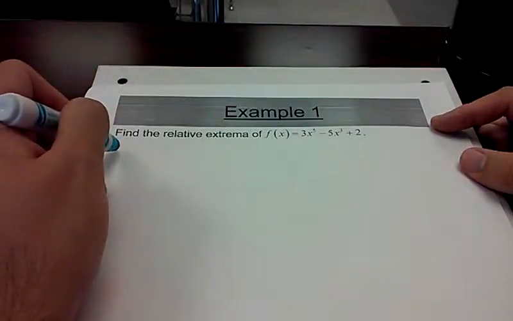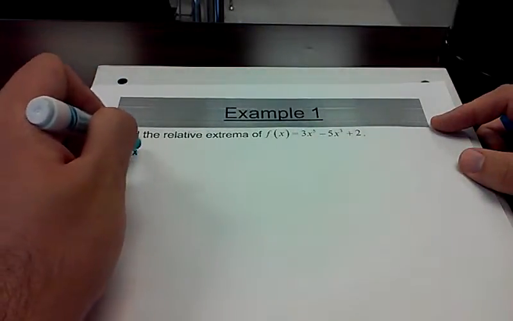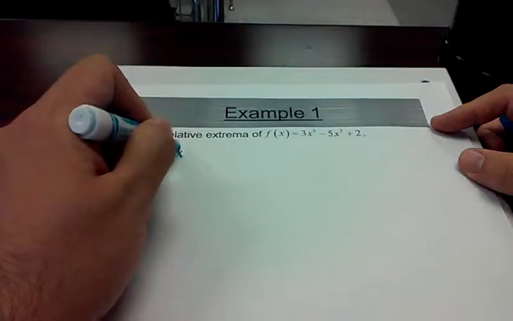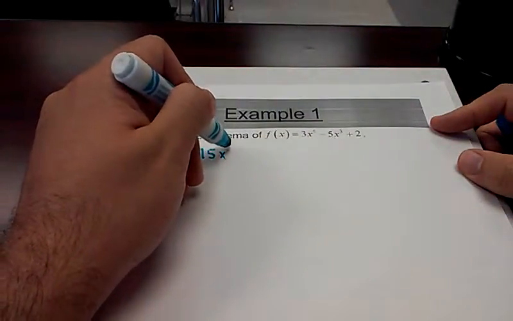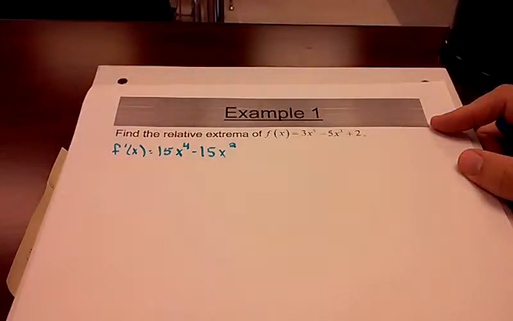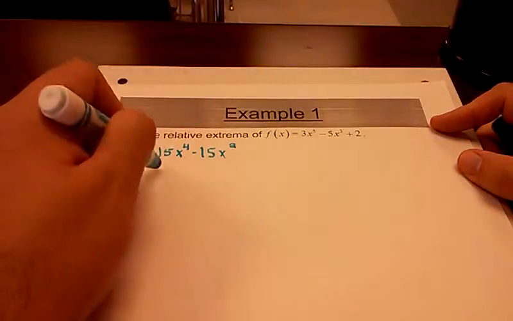Let's try that way. So the first derivative of this function would be 15x to the fourth minus 15x squared, and then that is not undefined anywhere, so I'm just going to set this equal to 0.